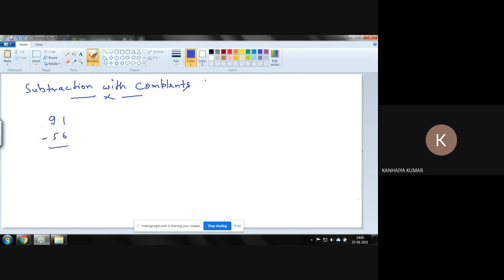So 11 minus 6 will fetch you 5. Now it becomes 8 because you have borrowed 1. So 8 minus 5 gives you 3. So your answer is plus 35.